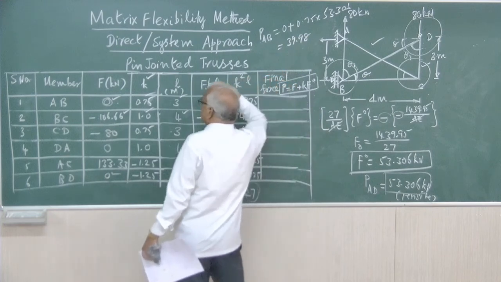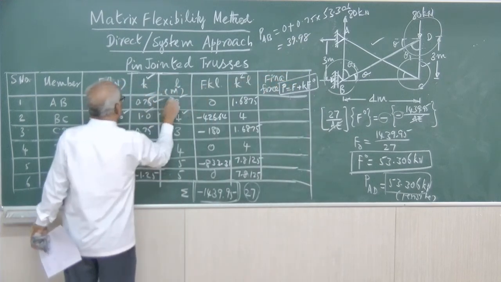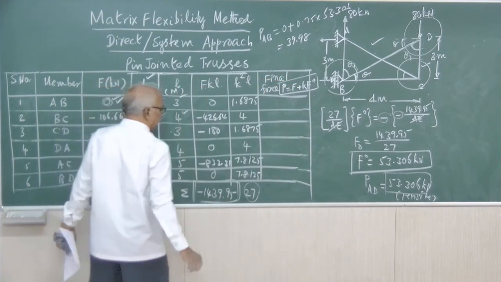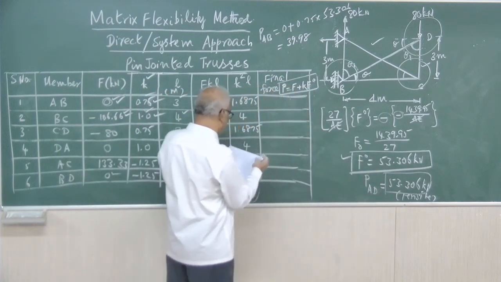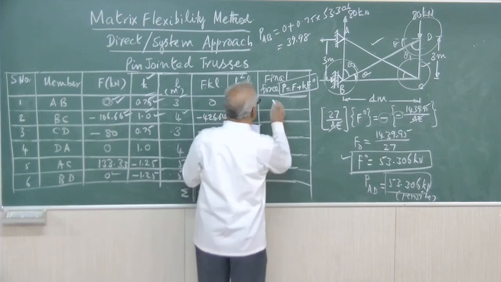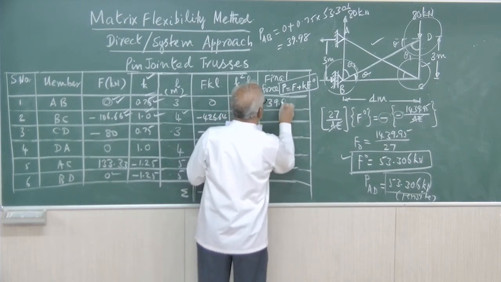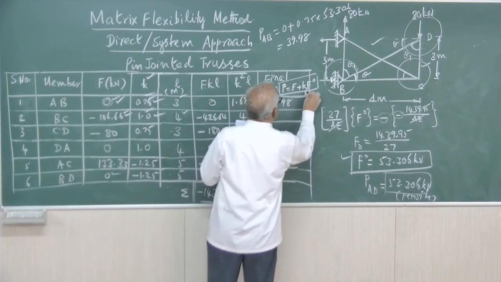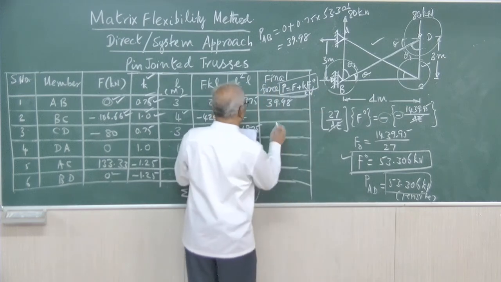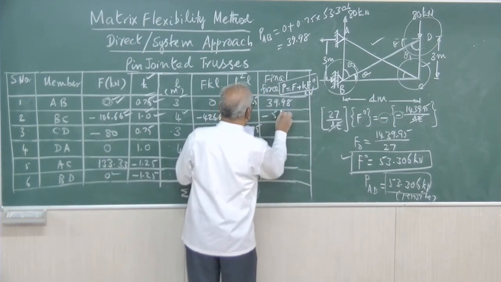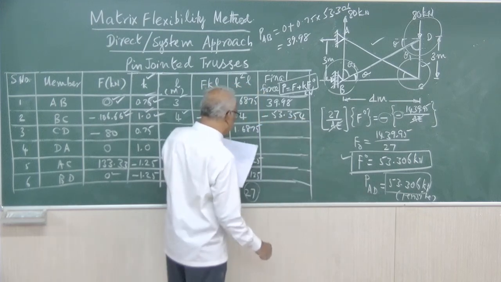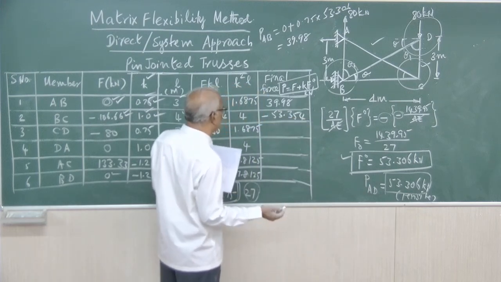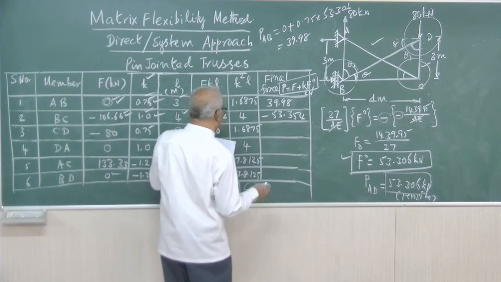So like this, we have F values, we have K values, and we have the redundant F naught. Therefore, using these values, we can fill up the table. 39.98 kilonewtons, 39.98, minus 53.354. Again, the decimals will differ from problem to problem depending upon the number of decimals that we consider.